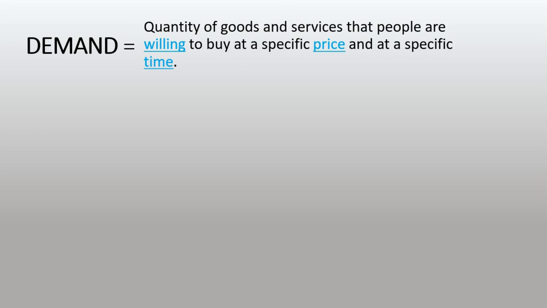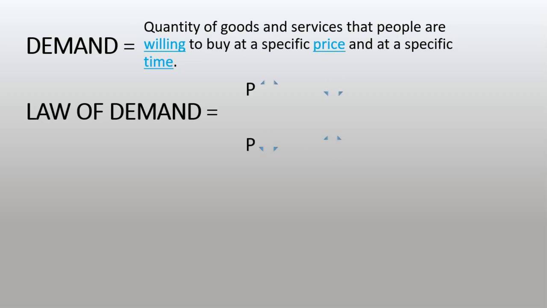And this is known as the law of demand. The law of demand states that as prices of goods increase, the quantity demanded for that good would decrease. And the same thing happens in the opposite direction, where if price decreases, quantity demanded for that good would increase.